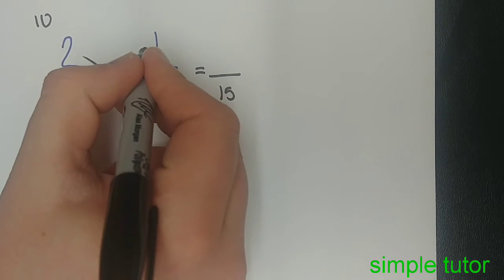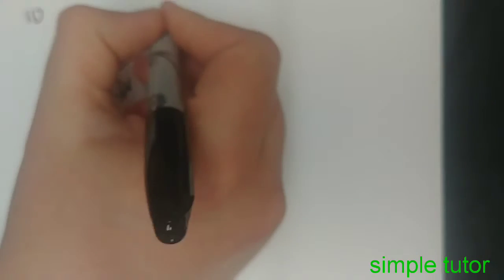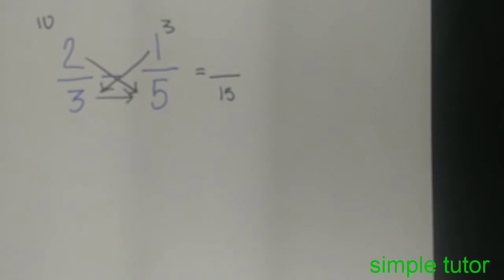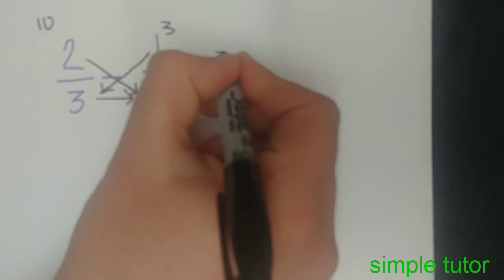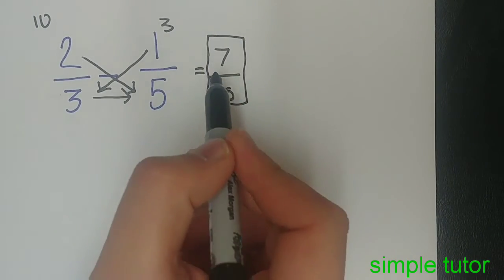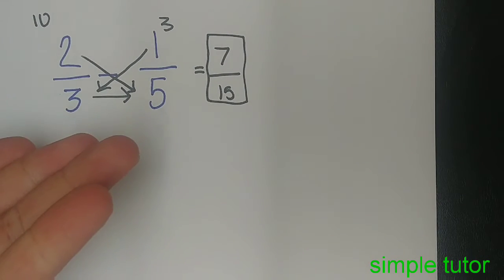Then we take the top right and multiply it by the bottom left, and we get 3. So 10 minus 3 is 7. And that is our answer, 7 over 15. And this can't be simplified anymore. As you can see, we cannot break this down anymore.